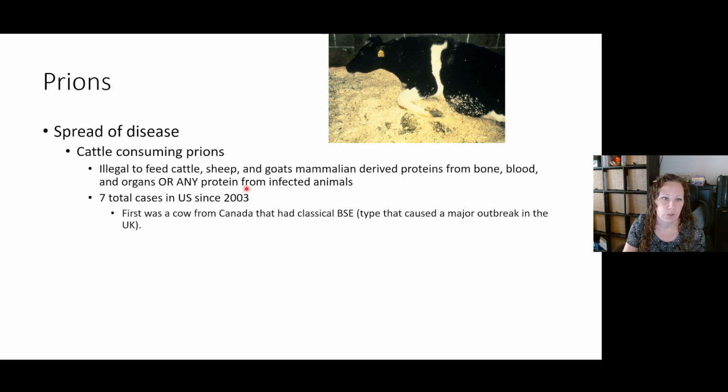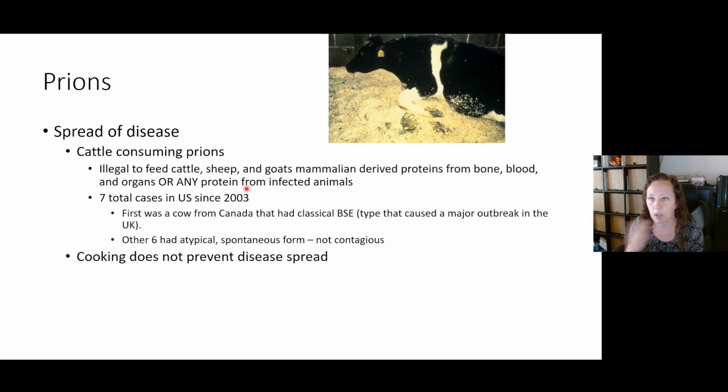Like I said, there's been 7 total cases, and only one of them was a potentially contagious case. And of course, it did not go into the food supply.